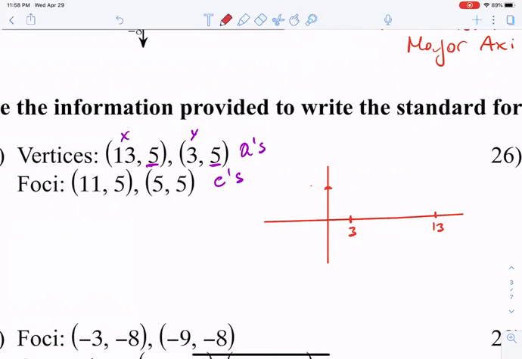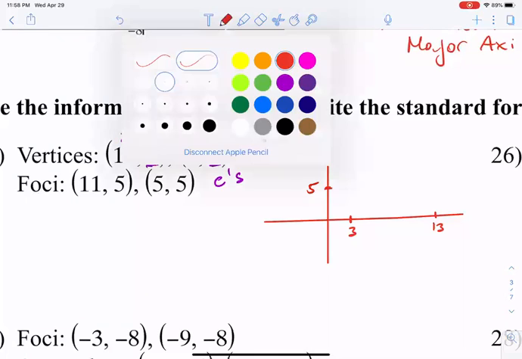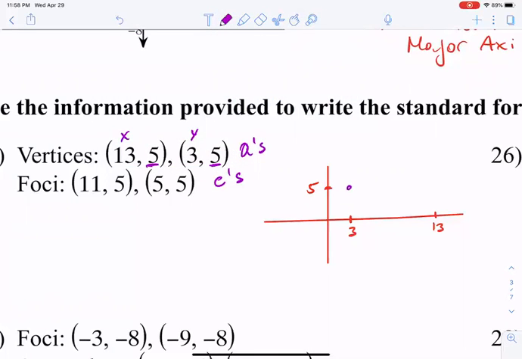And then if I draw my 2 dots, I have 1 dot here, and another dot. As you can see, the y is not moving, but the x is moving from 3 to 13. You can tell right away that that's a horizontal major axis. Just look at these numbers right here, this one and this one. If this is fixed, then you know that this is a horizontal major axis. That is like a hint, right?